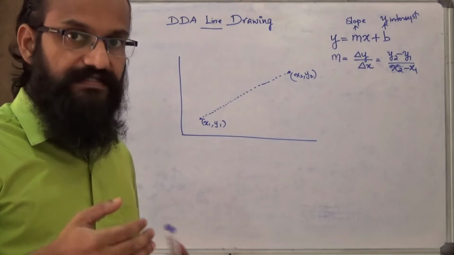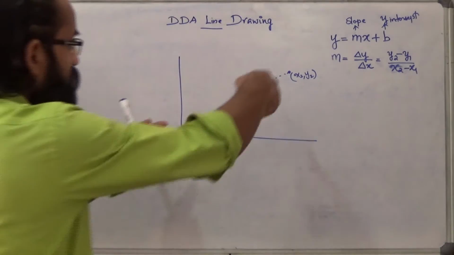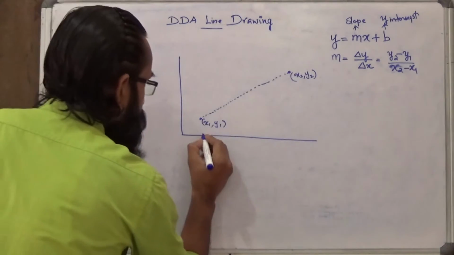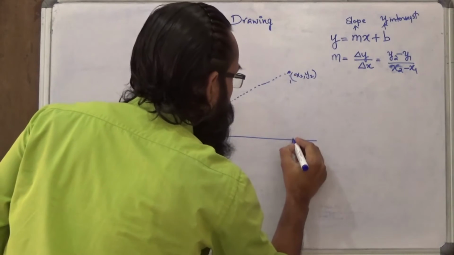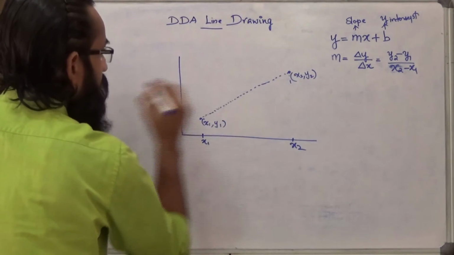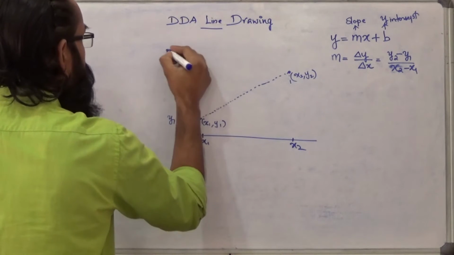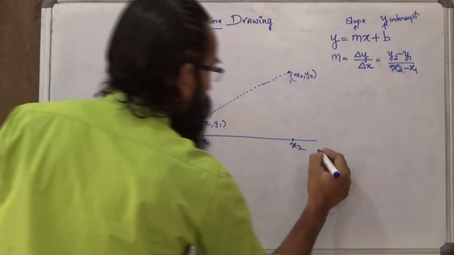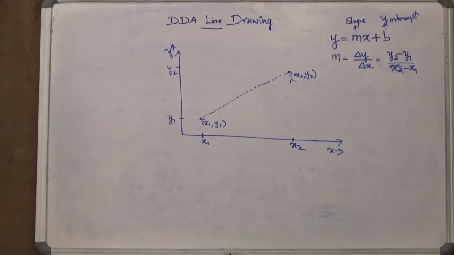First we can consider a line with positive slope. This is actually a line with positive slope. This is x1, this point is x2, this point is y1 and this point is y2. This is the y-axis and this is the x-axis.